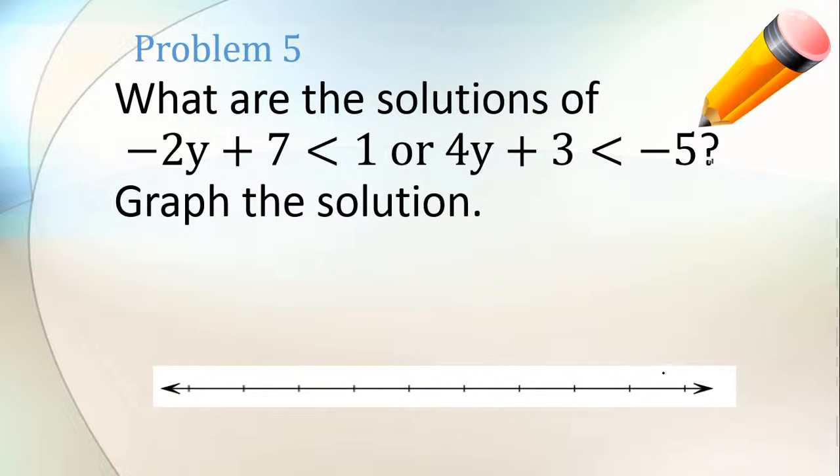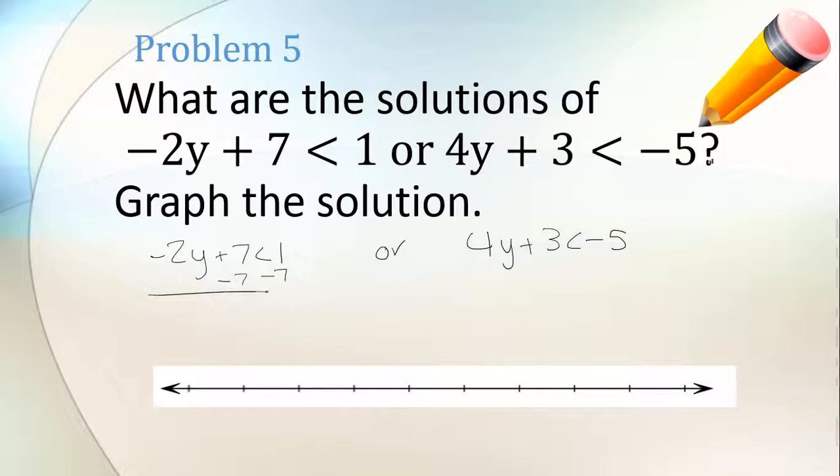Now I have negative 2y plus 7 is less than 1, or 4y plus 3 is less than negative 5. So let's write these two right beside each other. So I'm going to start solving this one. I'm going to subtract 7 from both sides. And I get negative 2y is less than negative 6.